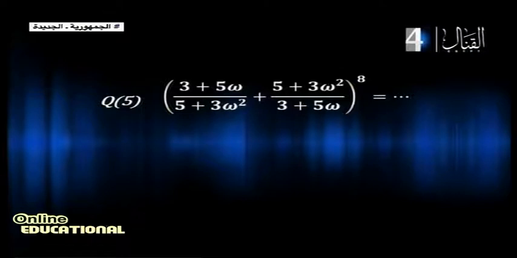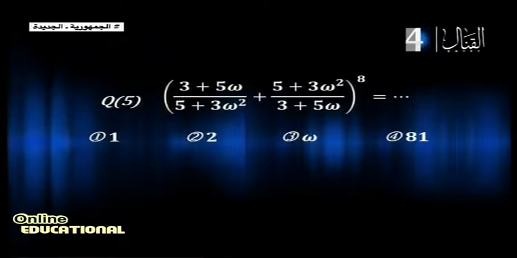The bracket contains (3 plus 5 omega) over (5 plus 3 omega square), plus the second term (5 plus 3 omega square) over (3 plus 5 omega), all to the power 8 equals. Choose the correct answer: 1, 2, omega, 81.